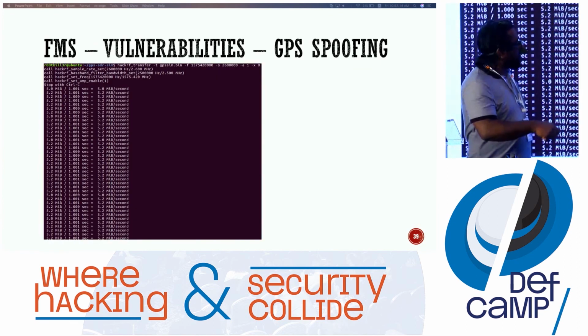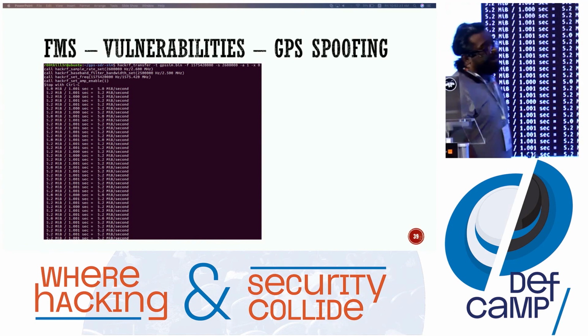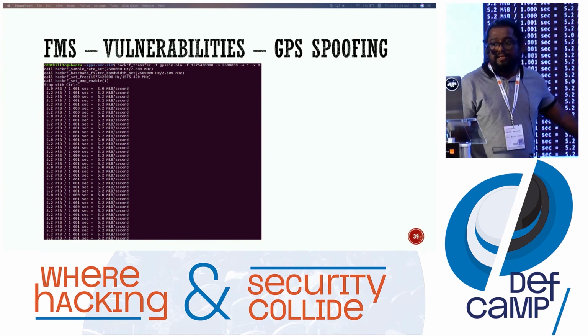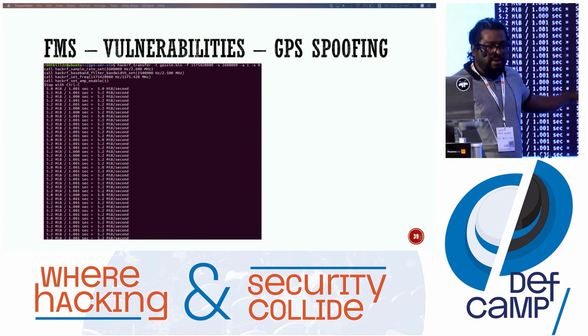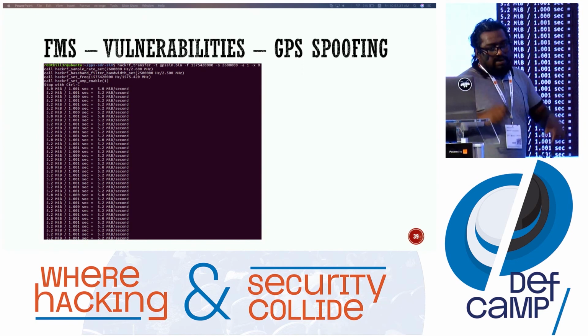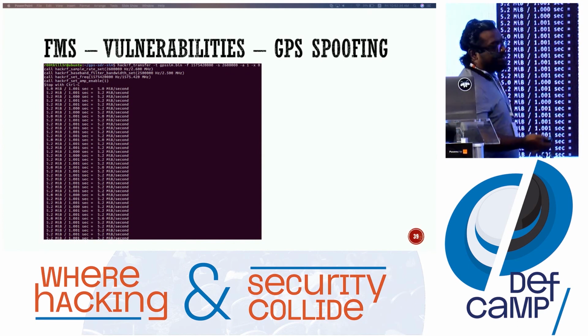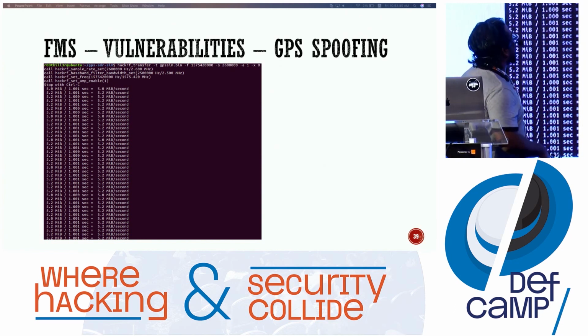And when we start GPS spoofing, this is one of the very good tools, GPS-SDR-SIM. One of the Japanese guys created this software. Very nice. You can use the software, but it depends on you actually, how you use it and how you can use it for malicious things.